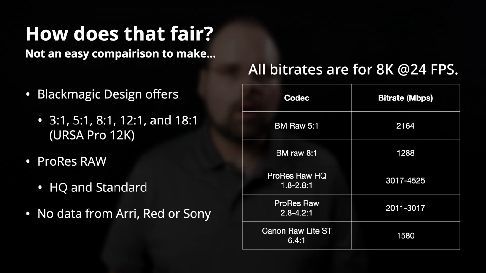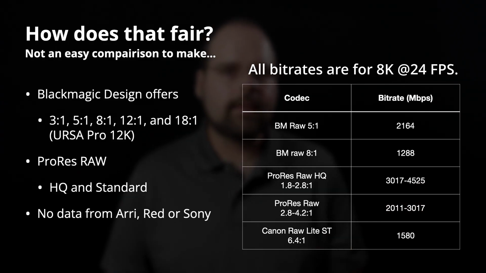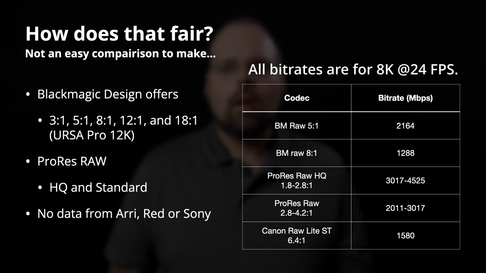So the question that prompted me to ask was, how does that compare to the rest of the industry? The answer is, it's hard to tell, really. Blackmagic Design, if you look at, for example, the Ursa Pro 12K, they offer 3 to 1, 5 to 1, 8 to 1, 12 to 1, and 18 to 1 options.